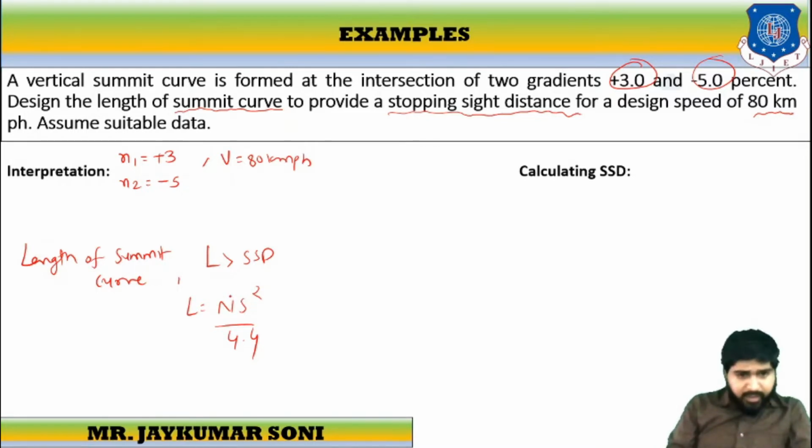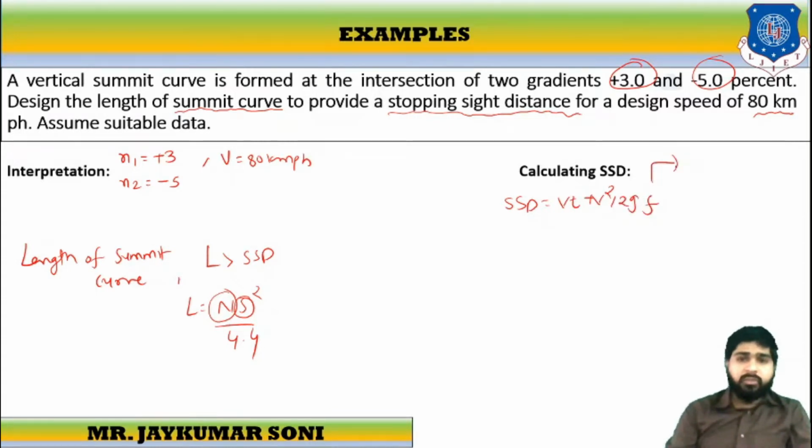N stands for deviation angle, S stands for SSD. We have the values of small n1 and n2, so through that we can calculate the capital N, and we also have to calculate the SSD. The equation of SSD is Vt plus V square by 2gf.